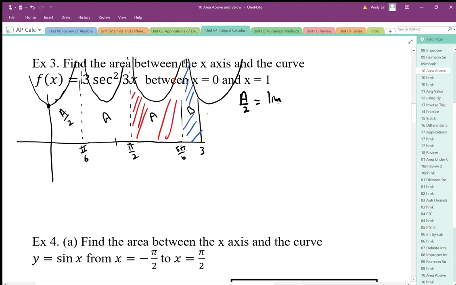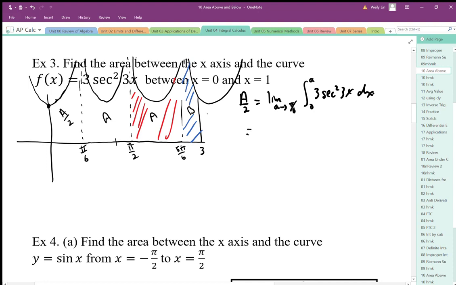It's going to be the limit as A goes to pi over 6 of the integral from 0 to A of 3 secant squared 3x dx. Okay, so I'm going to work out that limit first.